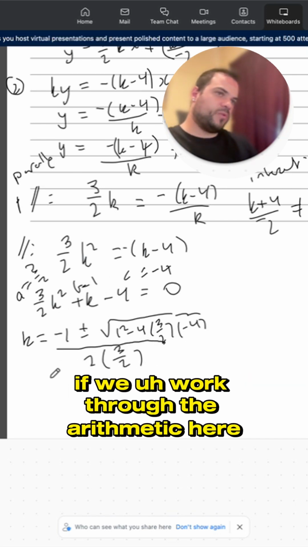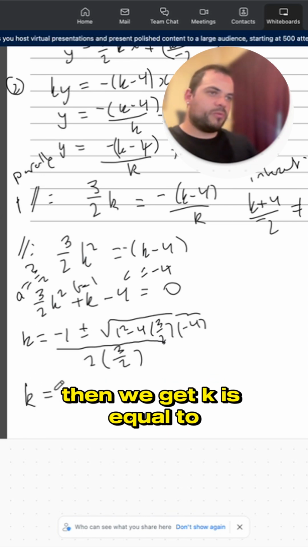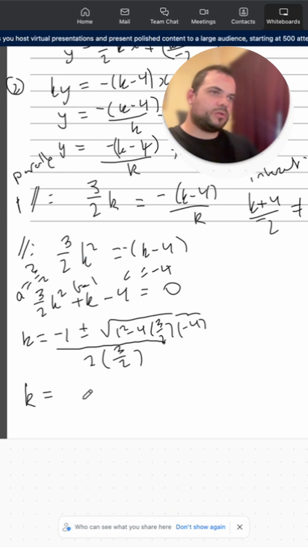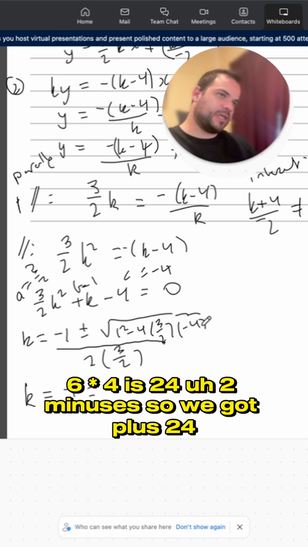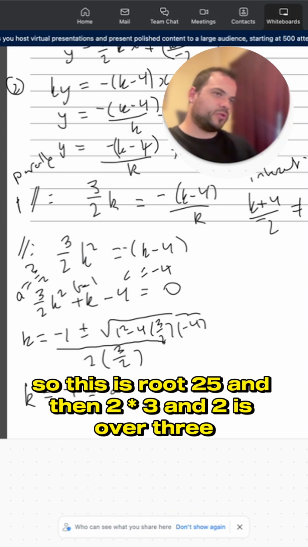So if we work through the arithmetic here, then we get k is equal to negative 1 plus or minus, we've got 4 divided by 2 is 2, so 2 times 3 is 6, times 4 is 24, minus a minus, so we've got plus 24, so this is root 25, and then 2 times 3/2 is 3.